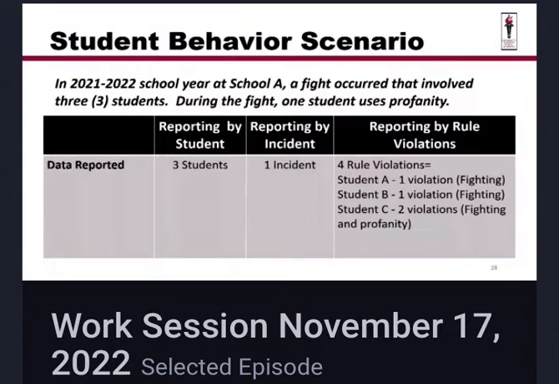And during the fight, one of the students would use profanity. And so here in this scenario, we see that by reporting by incident, we have 1 incident. If we report this by students, it involves 3 students. But if reported by rule violation, it would be 4 rule violations. 3 students involved in the fight, and one of the students actually using profanity, which is 5AF.